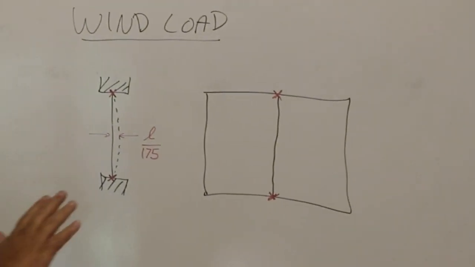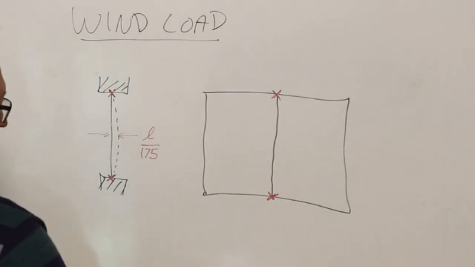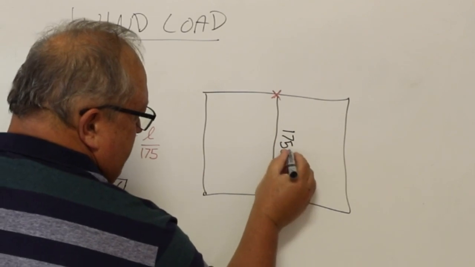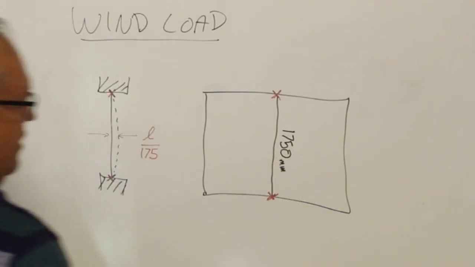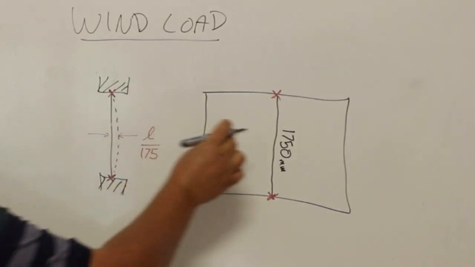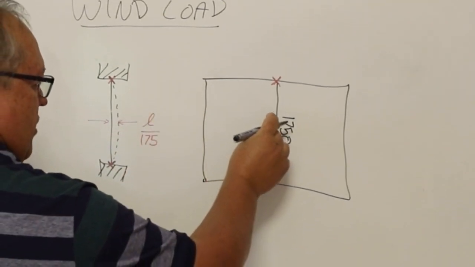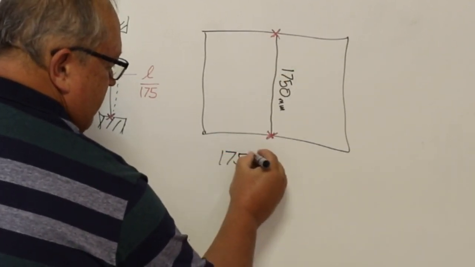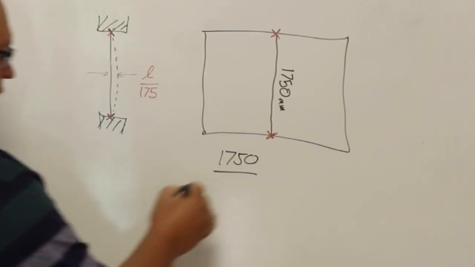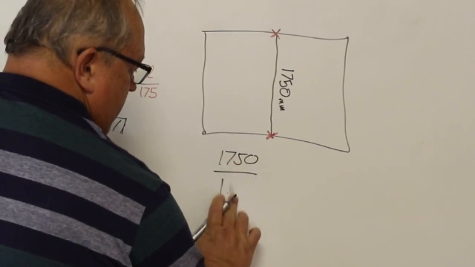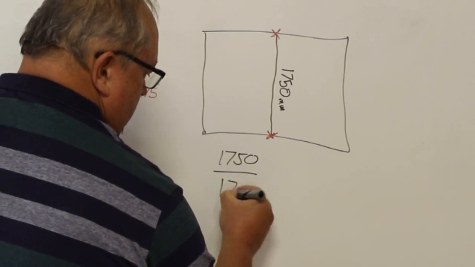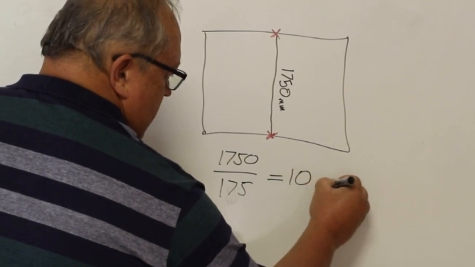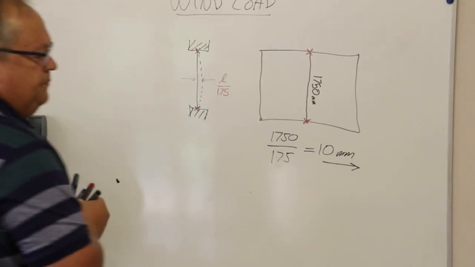In other words, if we imagine this is a window which has a mullion which is 1,750 millimeters long, the maximum that this profile may move will be the length of that profile, which is 1750, divided by 175, which equals 10 millimeters in this case.